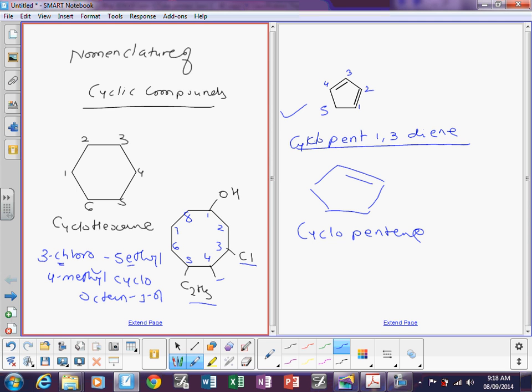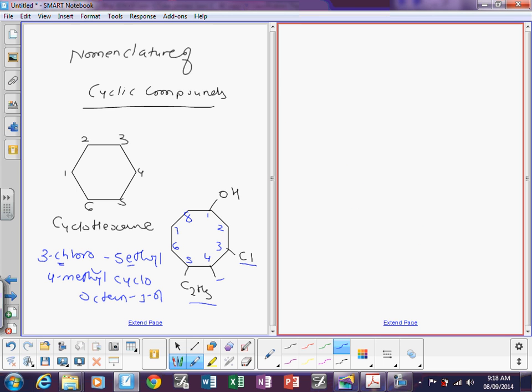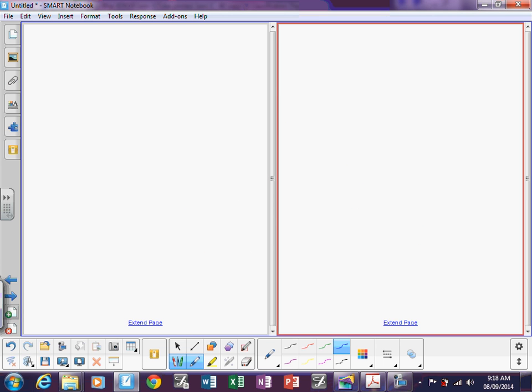Chlorine's C comes before ethyl, right? Is it fine? Are you following that? These are simple cyclic organic compounds where we need to get the nomenclature. And they may have structures like this also.